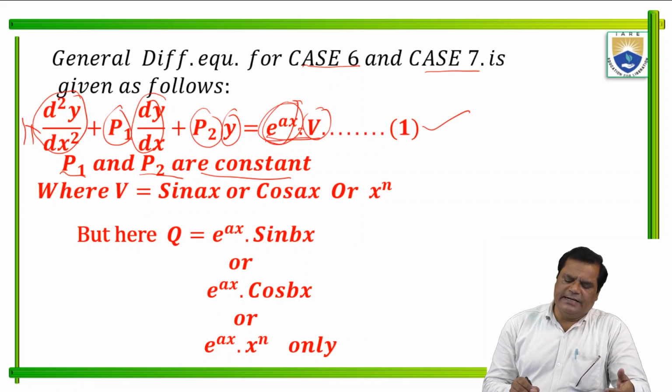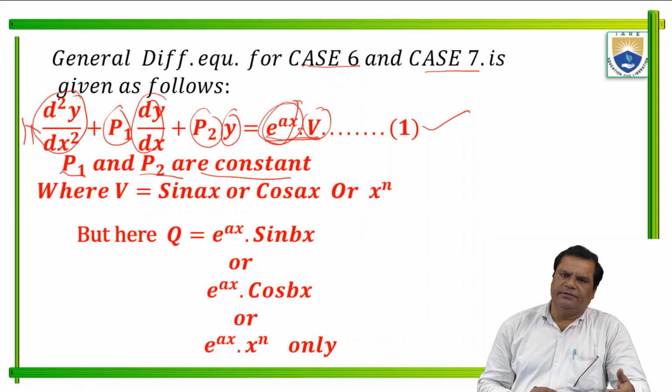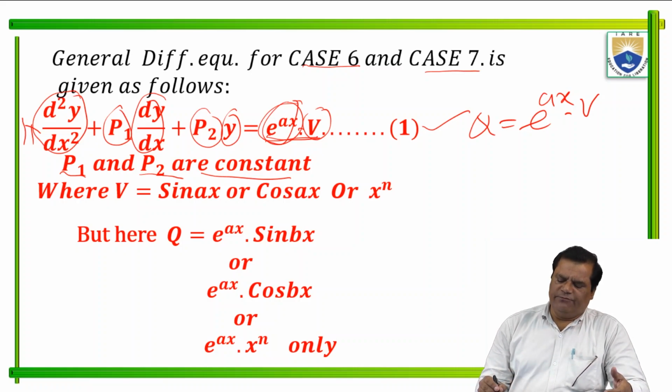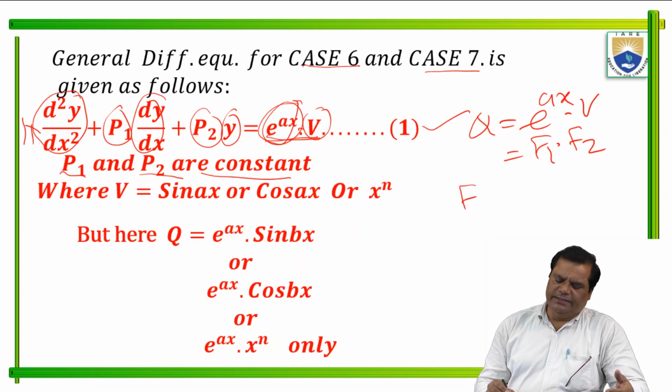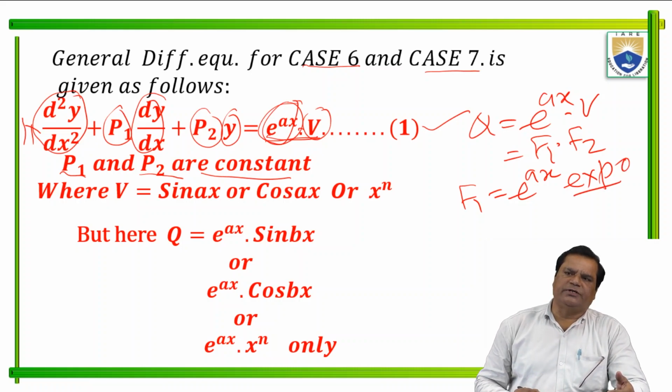But on the right-hand side, Q is given. Q is e to the power ax into V. This is the standard form of Q. Here the first function is f1 and the second is f2, so f1 into f2. f1 is e to the power ax, the exponential function.